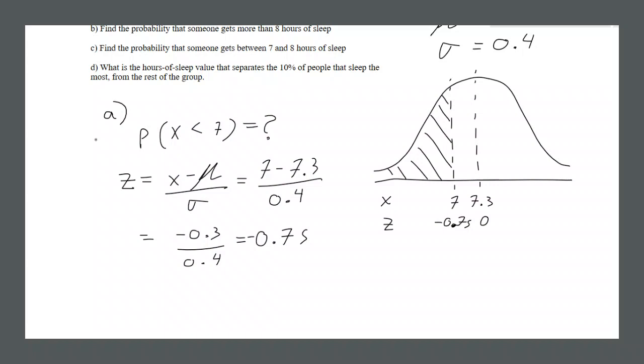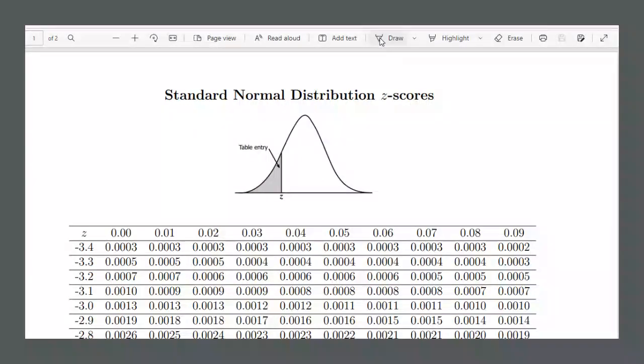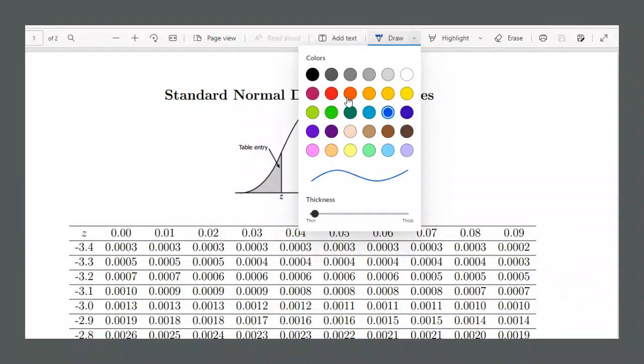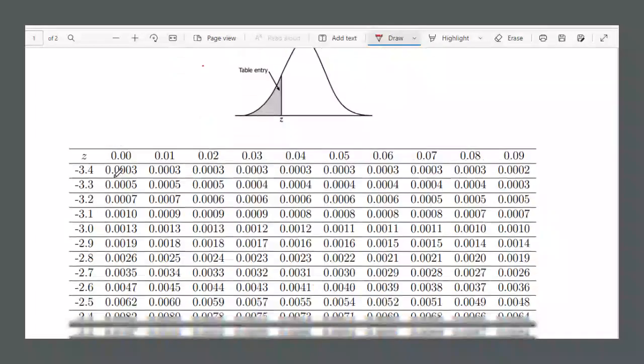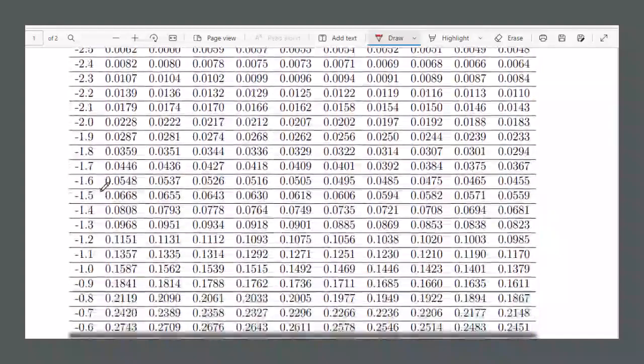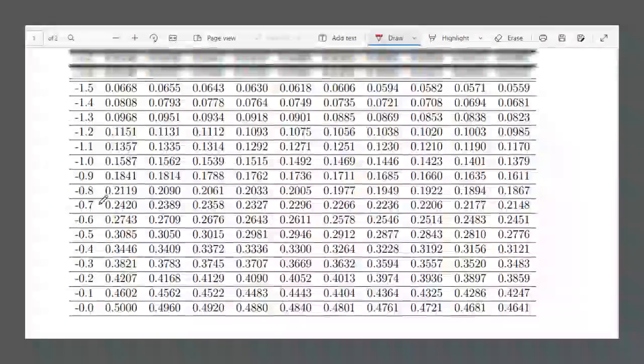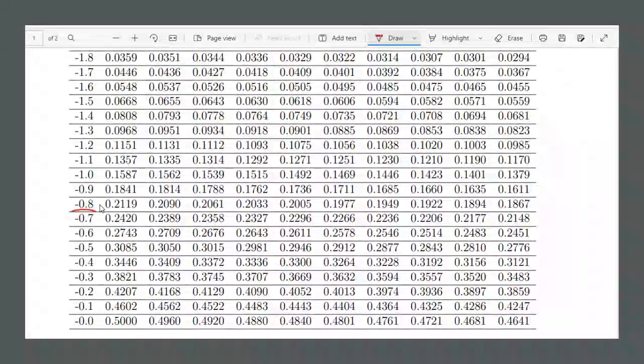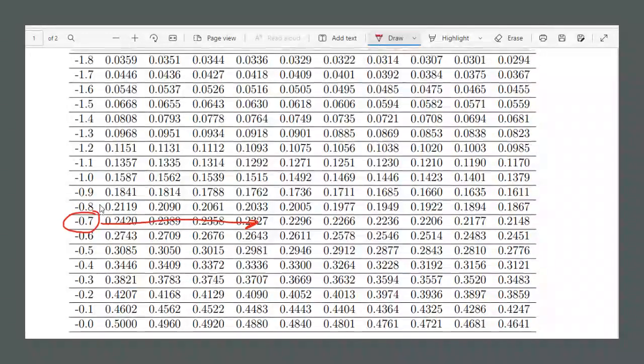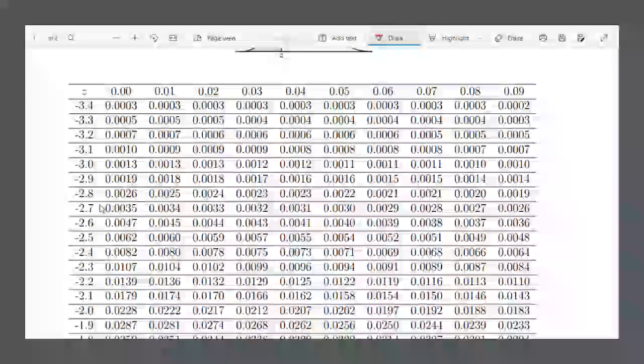Step 2 is we find that z value on the z table, negative 0.75. So there's the z table, negative 0.7 is right here. The second decimal point is a 5, which takes us to this column right here.